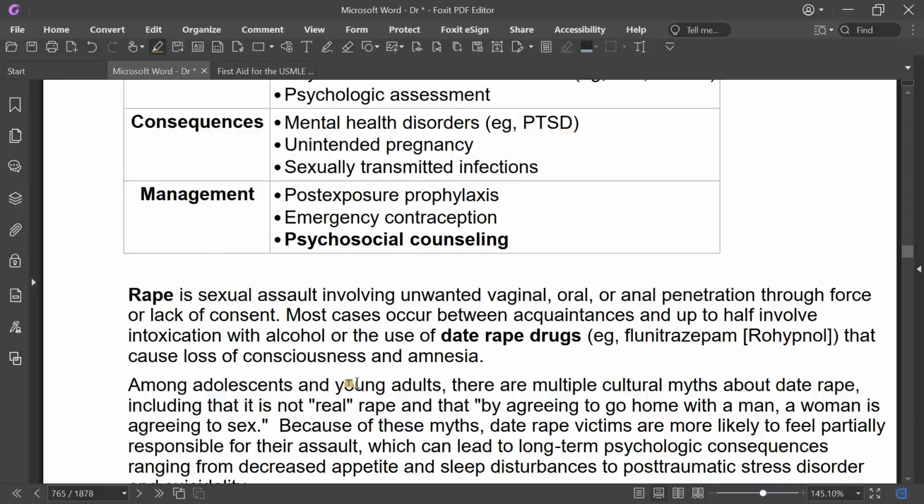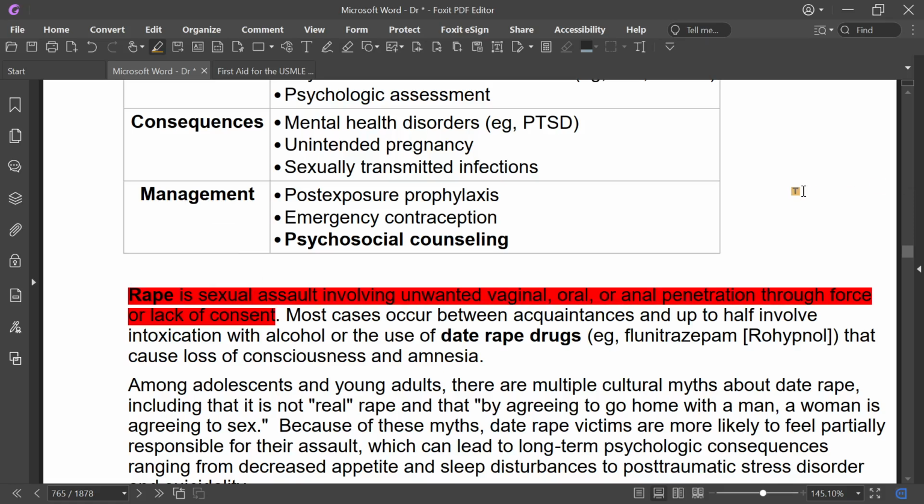Rape is a sexual assault. Assault involving unwanted vaginal, oral, or anal penetration through force or lack of consent. This is rape.